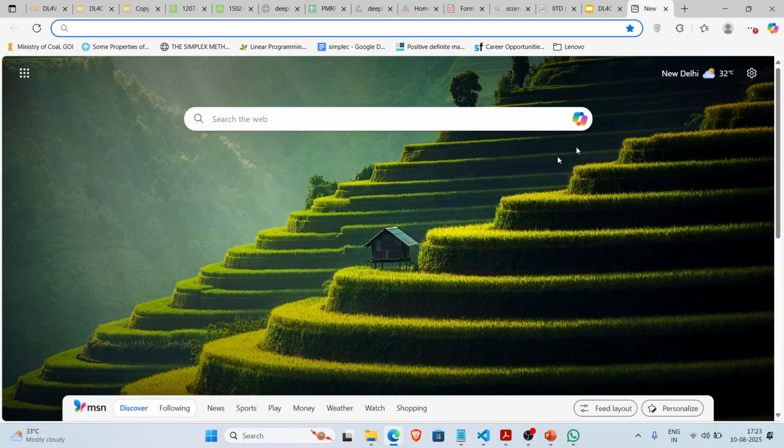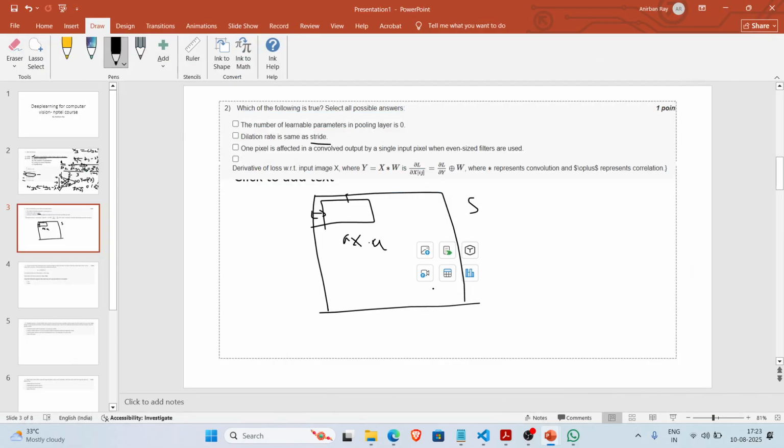Sometimes the size of the image, suppose 20 cross 20, and the filter is 3 cross 3, is not exactly matching. So what you can do is pad with one layer of zeros, and this becomes 21 cross 21. Now it is exactly matching with the filter.